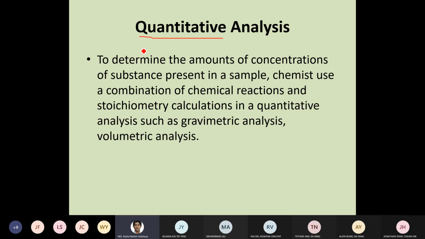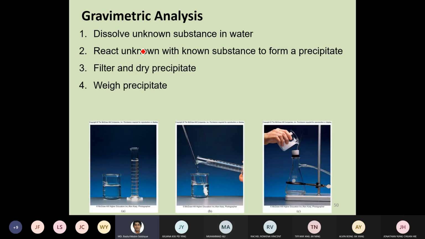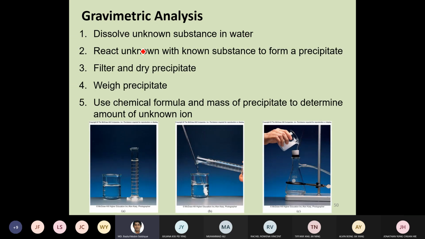What are gravimetric and volumetric analysis? Gravimetric is where we dissolve the compound first, make the precipitate, take the precipitate out, exactly what I was discussing, then dry it and weigh it to try to find out the total mass of these unknown chemicals.